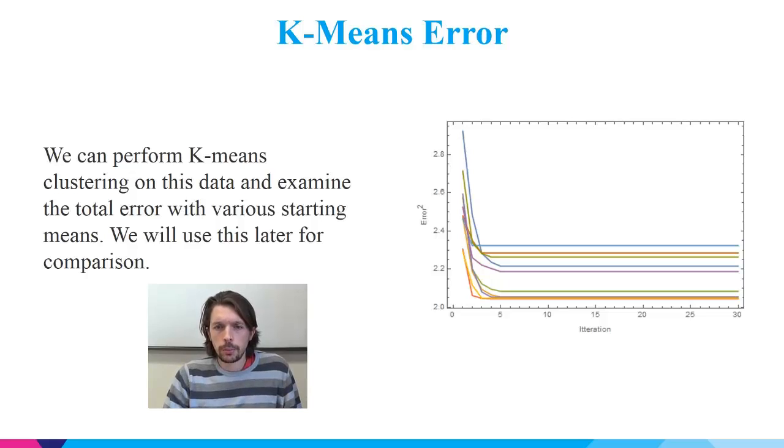And we can look at, with each iteration of the algorithm, what is the total error, which is the sum of the squared distances of each data point from its associated center. And we're trying to minimize this distance. And here we've run the algorithm with a number of different initial conditions. You can see that, generally speaking, the error falls into a local minimum.